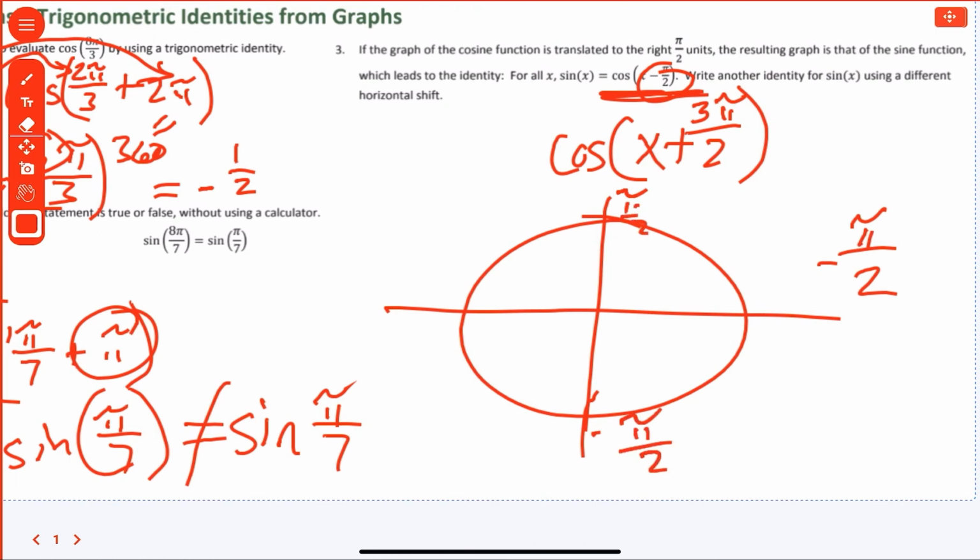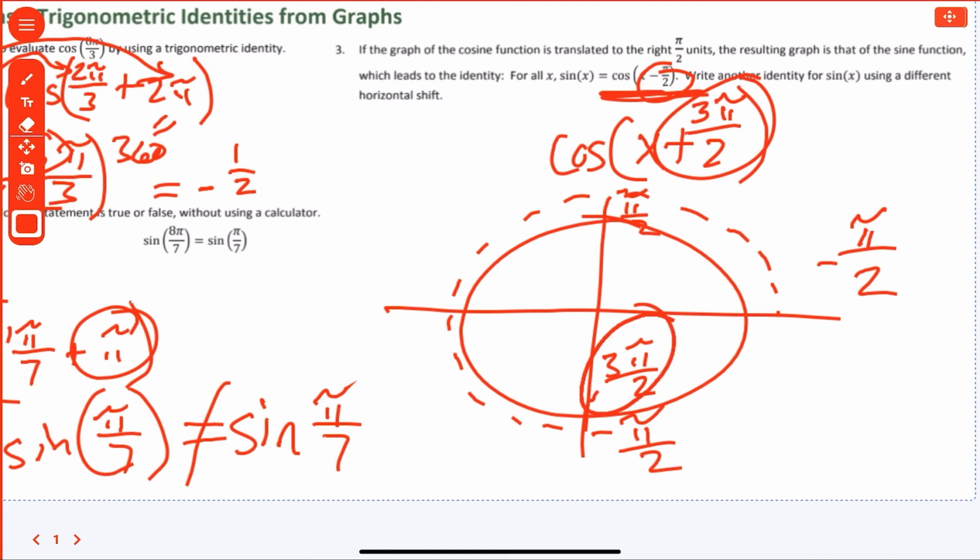But what is that if we were going counterclockwise like we normally do? Well, normally that would be 3 pi over 2. So that would be the same thing as saying plus 3 pi over 2. It would be the same thing as saying x minus pi over 2. Those are the exact same thing. Those are on the same place on the unit circle. So that's the reason why they are the exact same.